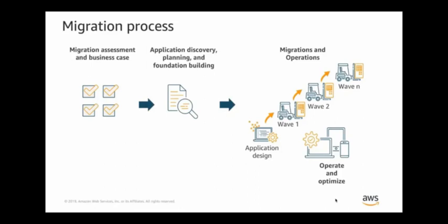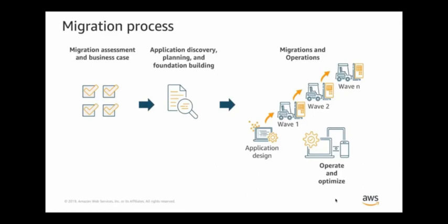The second, in the initial phase or assessment phase, is really looking at their people and understanding what skills transformation is required. And the third one is governance. What kind of process changes are required? What kind of optimization is required in order for our customers to move into the cloud?